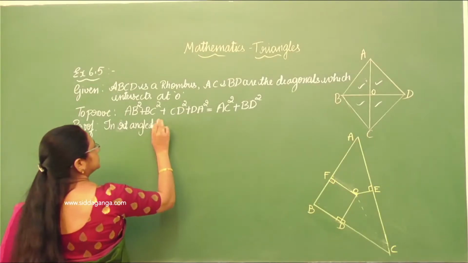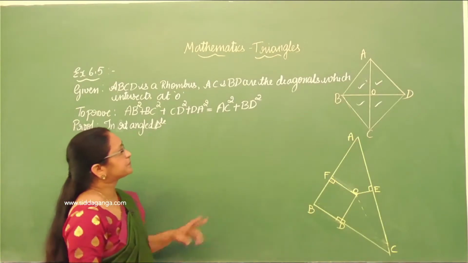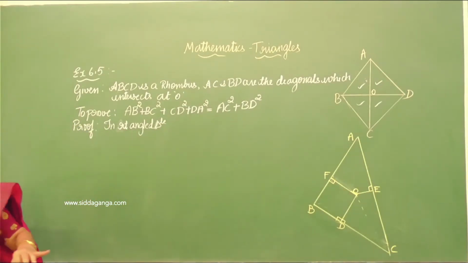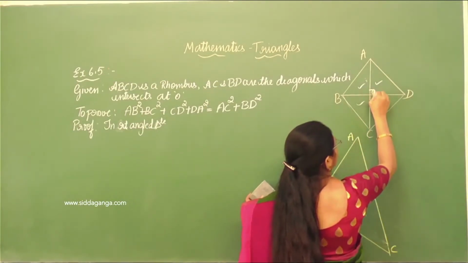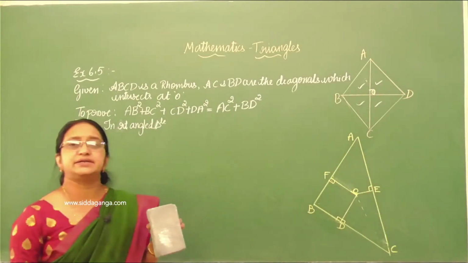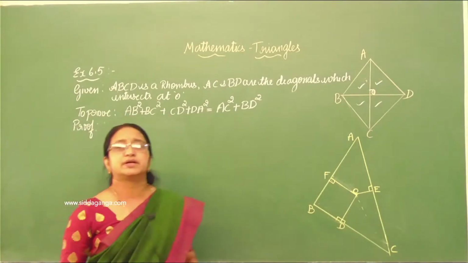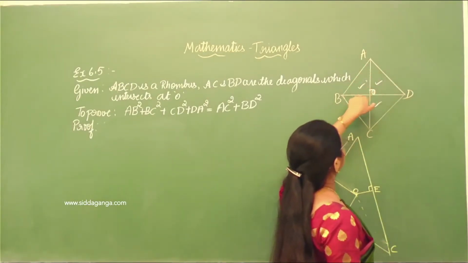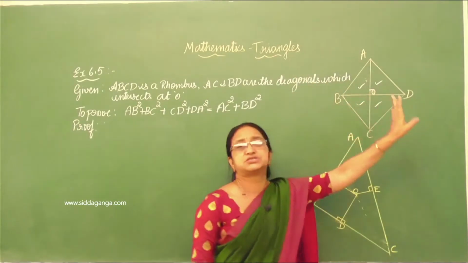Before this, please write that, you all know, this is very important, the diagonals of a rhombus bisect each other at right angle. Better you write it, otherwise we can't apply this, AOD and AOB are right angle triangles, isn't it? So we have to mention this.